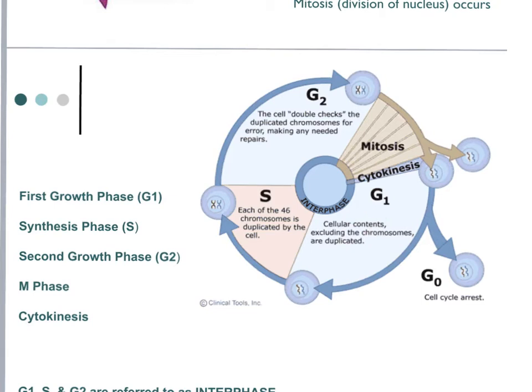So everything is duplicated except the chromosomes. And chromosomes are sort of how DNA is bundled in the cell when a cell is getting ready for mitosis.